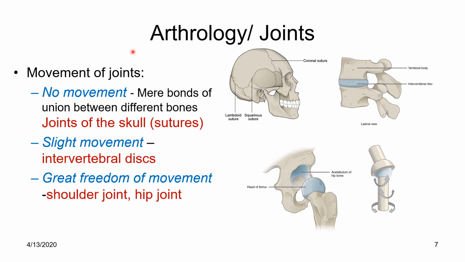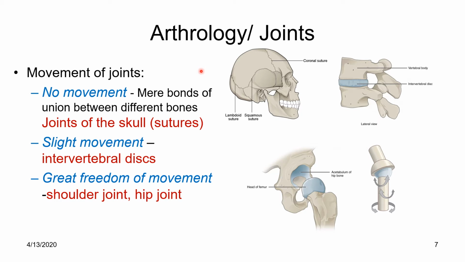Let us see what the movements of a joint are. There are some joints where there is no movement, some joints where there is slight movement, and some joints where there is great freedom of movement.